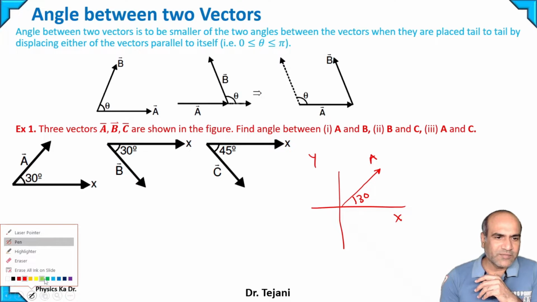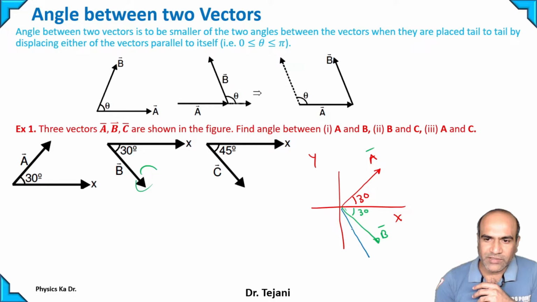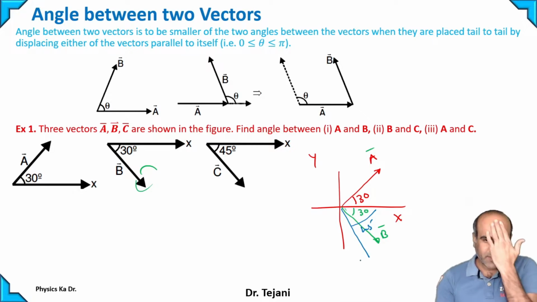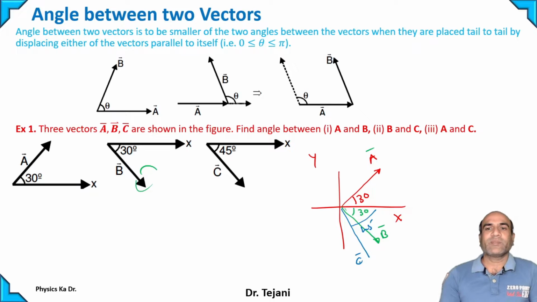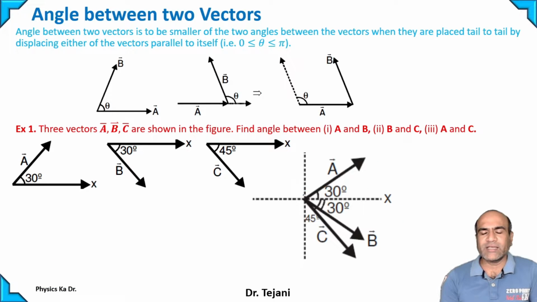Then we need to put this B bar here, at an angle of 30 degrees on the opposite side, and the last one is here at 45 degrees. This becomes 45, and that is the C bar, right? And then we can directly solve it.